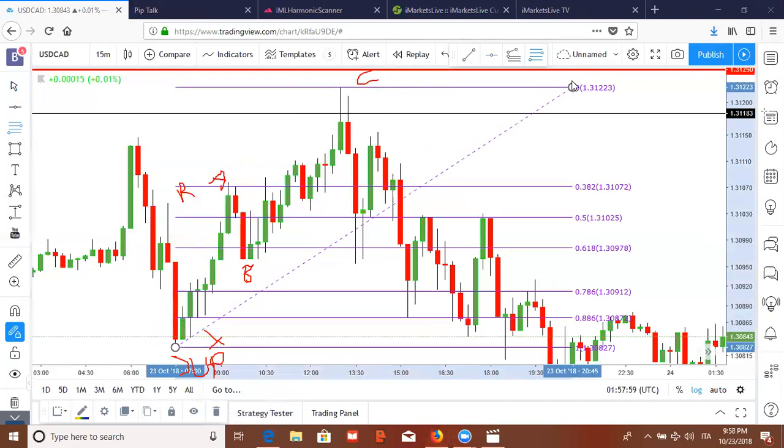And this is just random. I just scroll through my charts and you can see how easy my eyes pick up on these patterns. So from X to C, follow the market down. I'm looking at this 78.6 right here. This is the first time price hit the 78.6. So price hit the 78.6. This is my D point now.